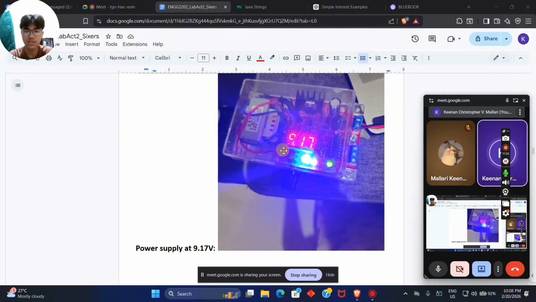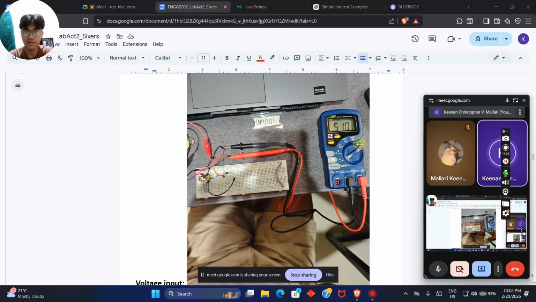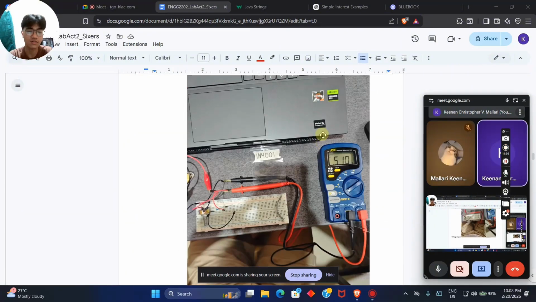So in our case, it was 9.17 volts. And now let's check for its voltage input by confirming what I've said earlier. We set it as 0.510 volts, showed by the multimeter, indicating that in the table it is correct.